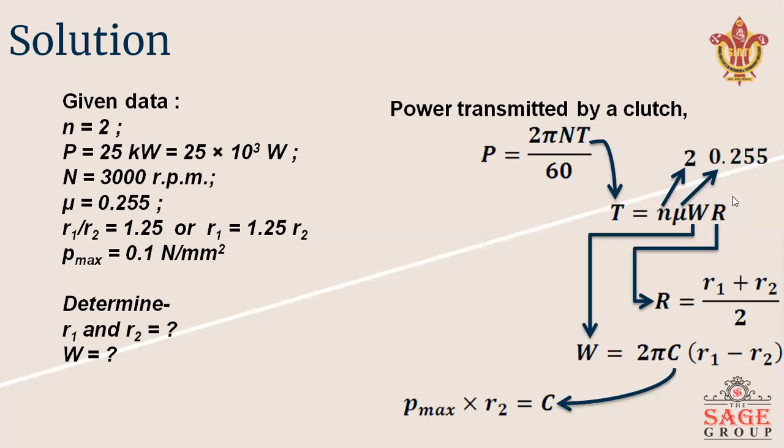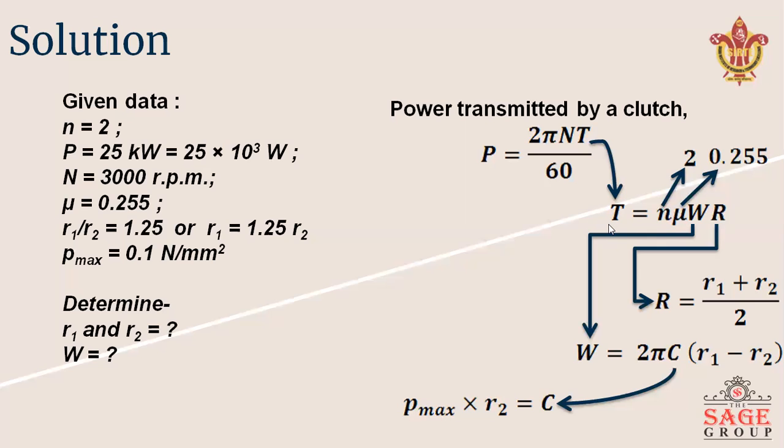In this equation, the value is in terms of R2, and W is also in terms of R2. So the equation is in terms of R2, and we have already calculated the value of torque from the given data. So there is only one unknown, that is R2, and we can easily calculate the value of R2 from this equation.